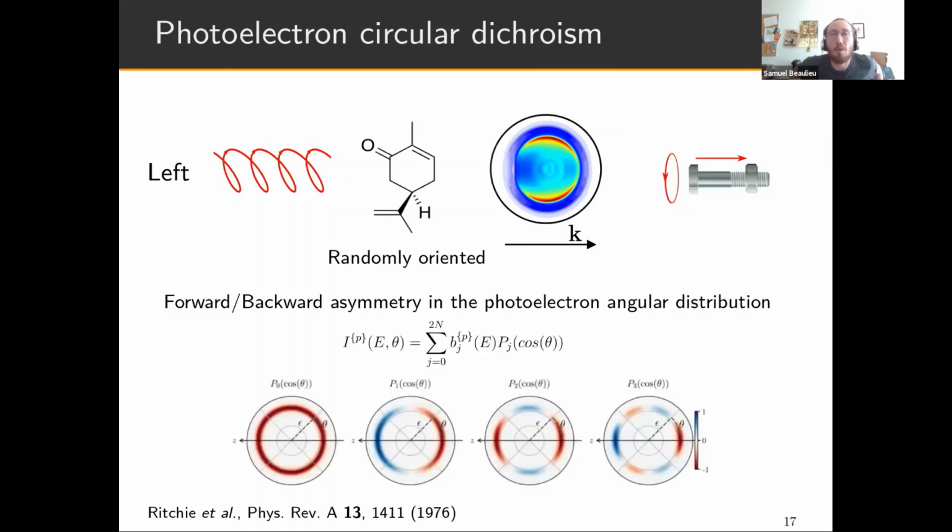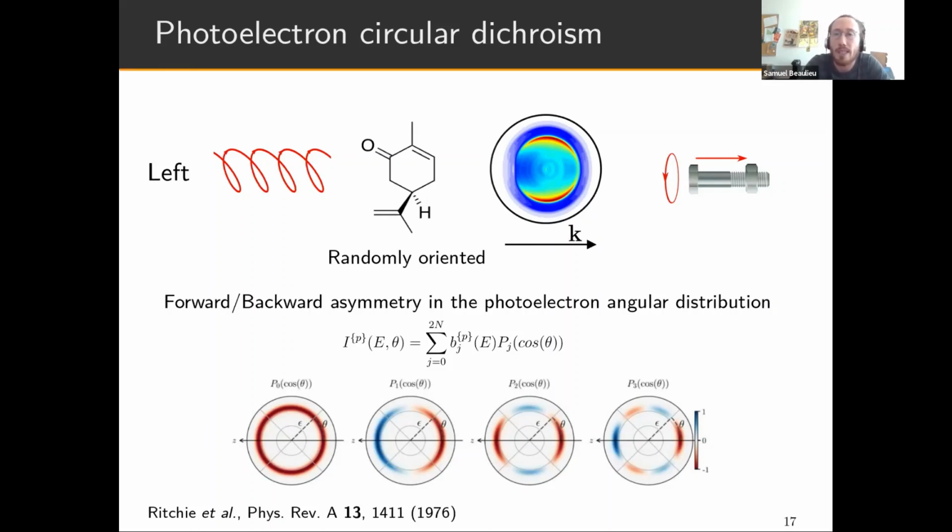Before going one step further, let me just tell you that to capture the angular distribution of this photoelectron distribution, you can decompose it in a sum of Legendre polynomials weighted by an energy-dependent coefficient, as you see in the equation in the middle of this slide.